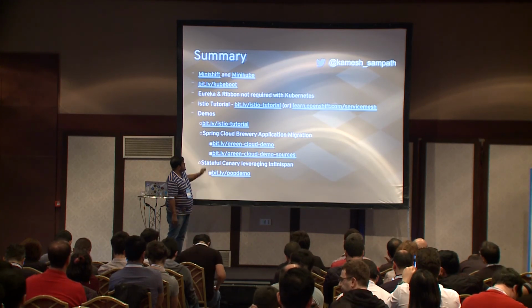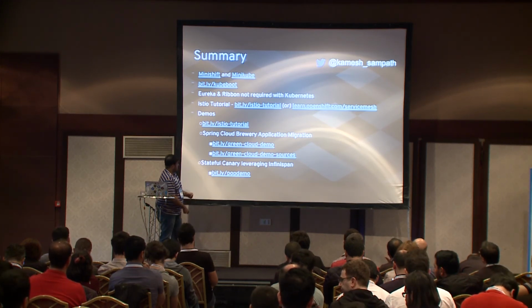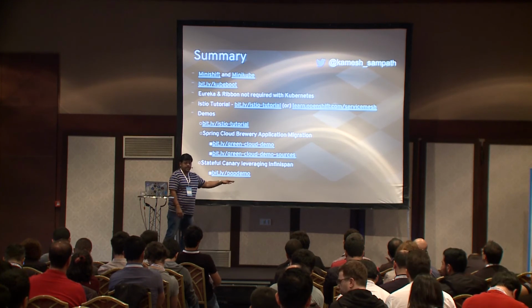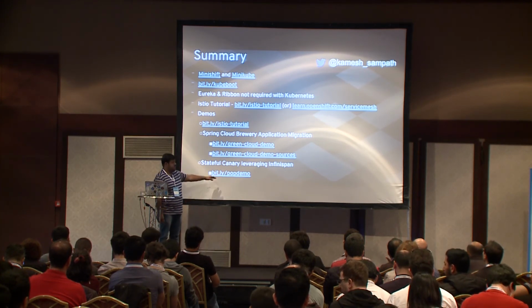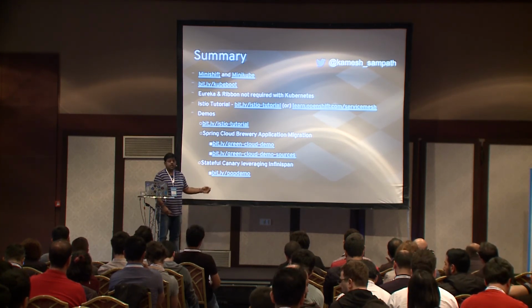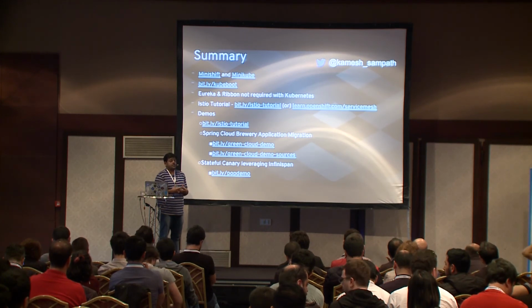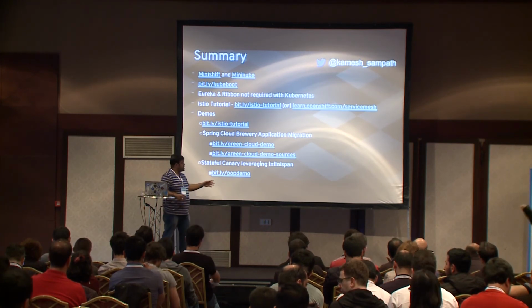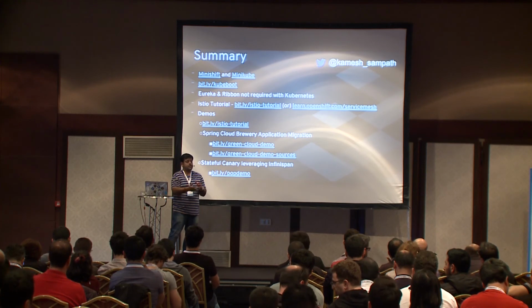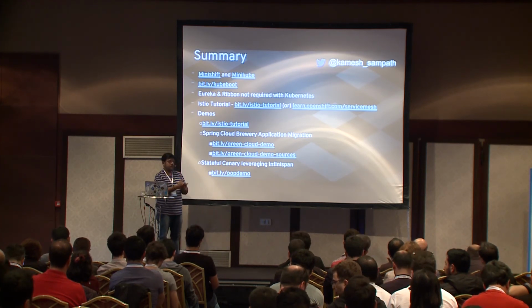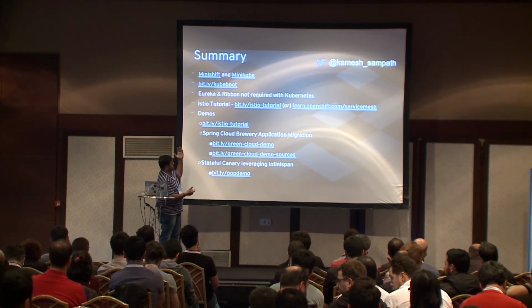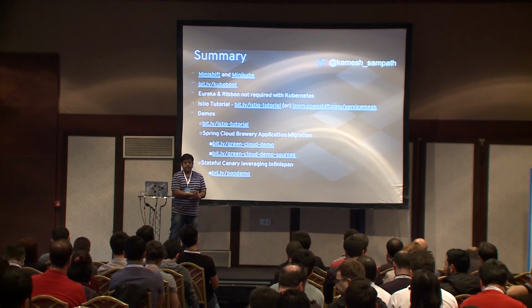It's a typical Spring Cloud platform. And then there is a stateful canary using Infinispan. It's a movie store demo, where you can learn how to maintain cache within OpenShift, and even if it's changing, doing rolling deployments and all of that, your cache still remains the same. So these are the materials which you can go and see.